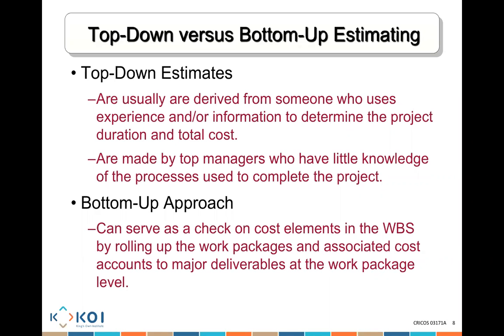Because it's going to consume time, because someone is assigned to do that job, it is going to cost me money. So in a bottom-up approach, we go to every work package or every work task that is needed to complete the project, and from there we estimate the time of each one of these steps to be able to reach a proper estimate. That's what we call a bottom-up approach.